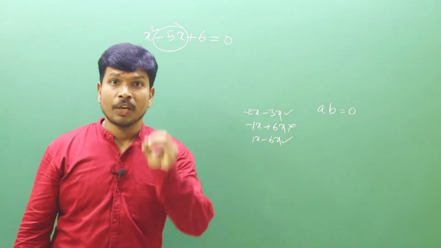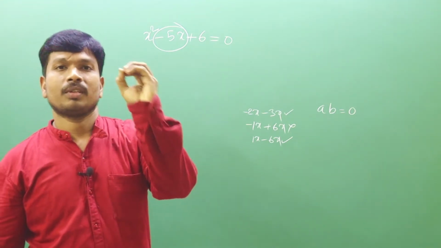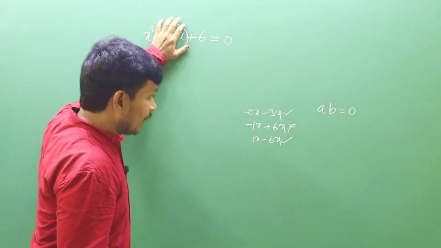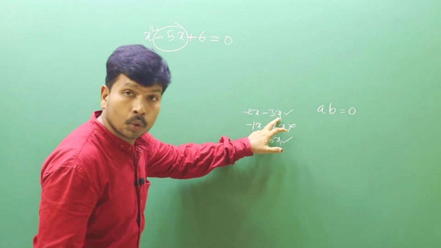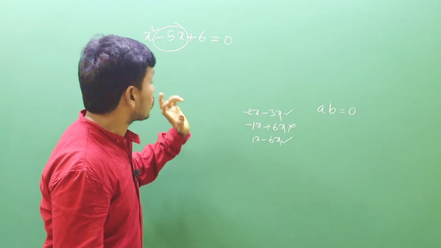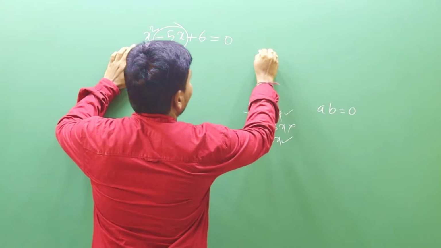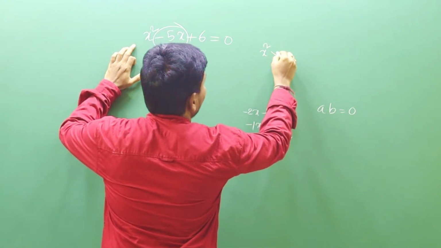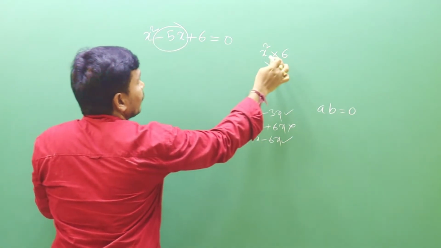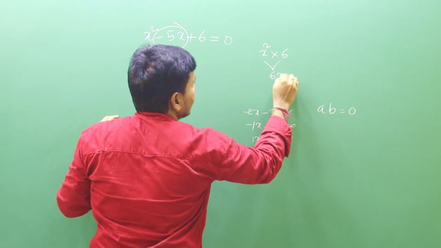So that's why you must follow some rule. What is that rule? When we are splitting, adding the two terms must give the middle term. When you multiply both terms, that must give the product of the x square term and the constant term. What is the product of the x square term and the constant term? 6x square.